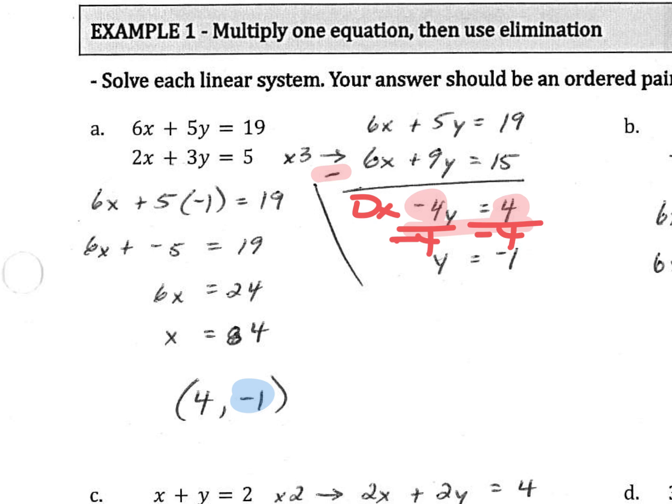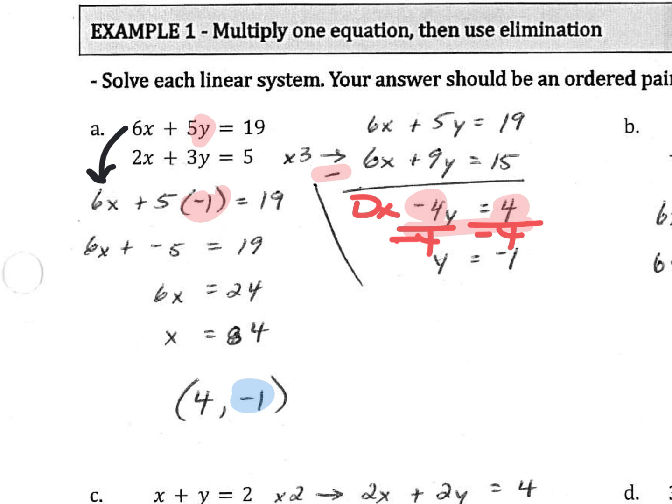So how do we find the x? Let's go back up and steal that first equation. 6x plus 5y equals 19. We're going to copy that equation, but instead of putting this y right here, we're going to put negative 1, because that's just what we found when we were doing the work before. 6x plus 5 times negative 1 equals 19.